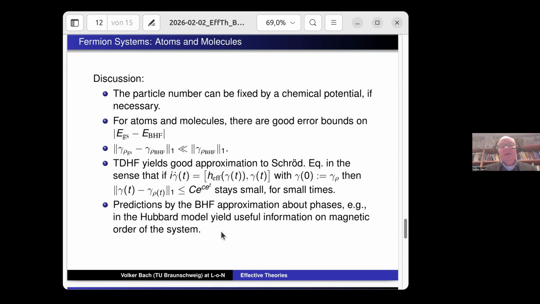So one can draw as a rule of thumb the conclusion that the Bogoliubov-Hartree-Fock approximation tends to overestimate the reaction of the system, to overestimate the order parameter. So it yields antiferromagnetic order where one may or may not really expect it, and likewise for ferromagnetic order.